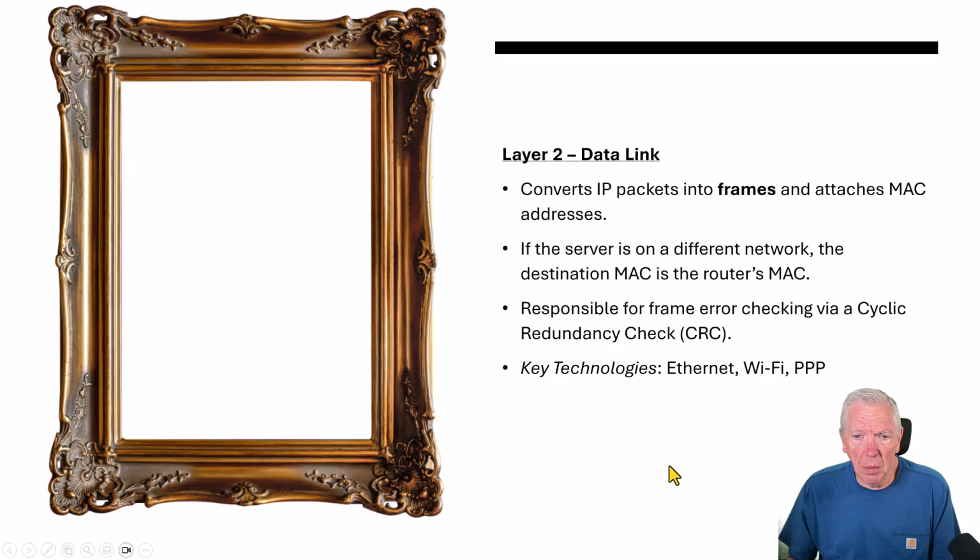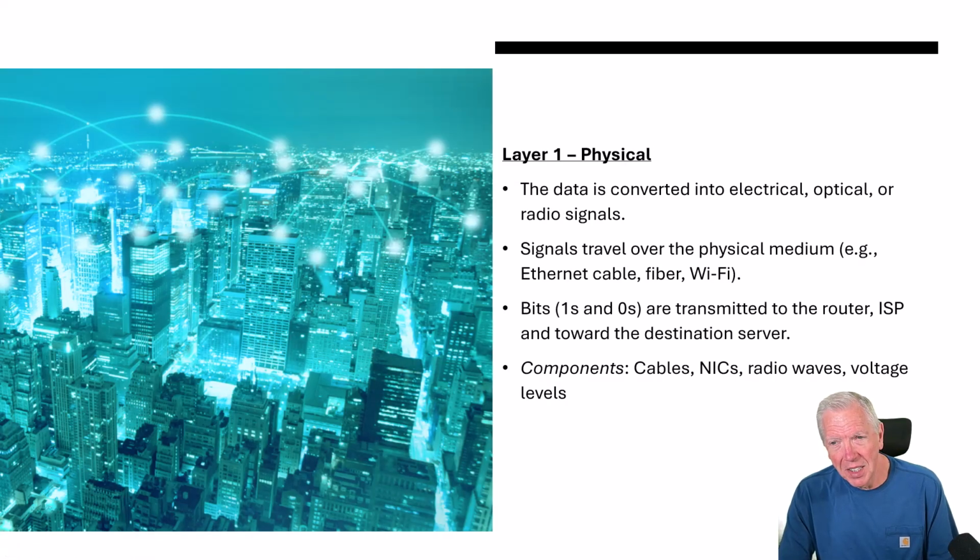But I want to do a little bit more with that, because that is quite the process. And at this level, the data link layer is using things like Ethernet. There are a set of commands that go along with Ethernet, Wi-Fi commands, and PPP, which is point-to-point protocol. That's a WAN protocol. So at the physical layer, the data is converted into electrical, optical, or radio signals.